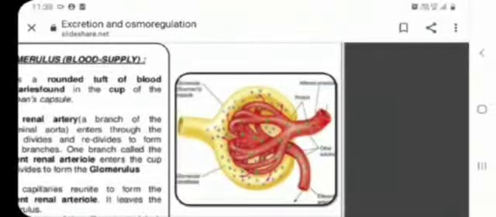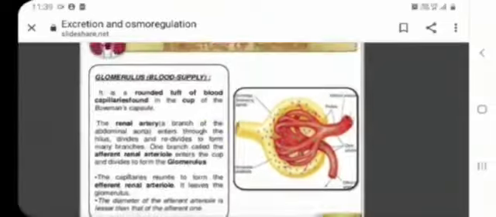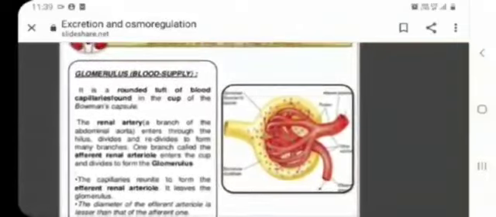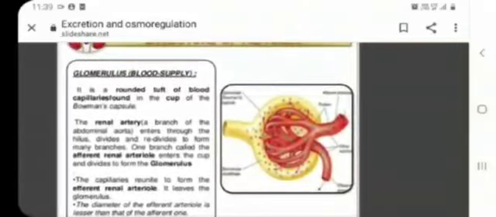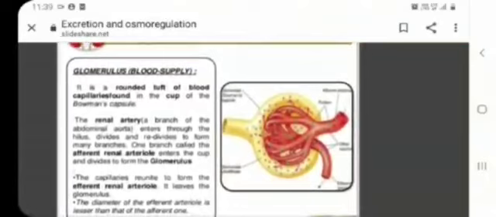The Bowman capsule has pores through which only the plasma can pass. The red blood cells do not pass through these pores or the opening. Then there are finer pores through which only the finer molecules can pass and the proteins cannot pass.